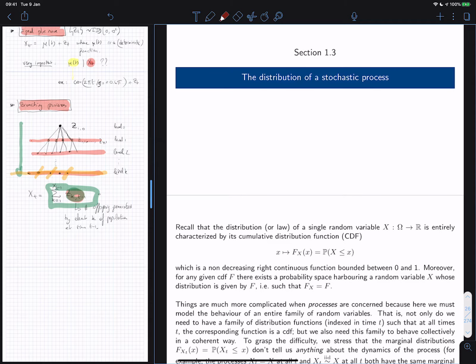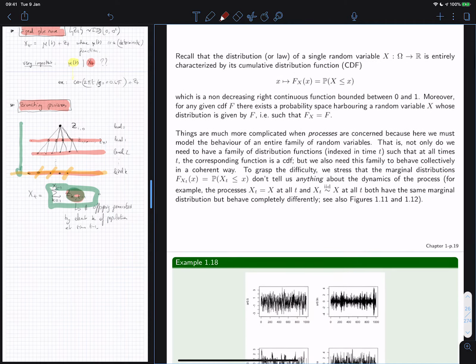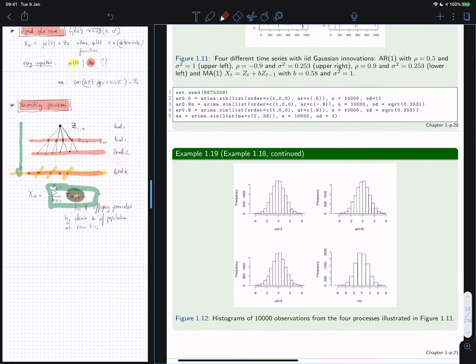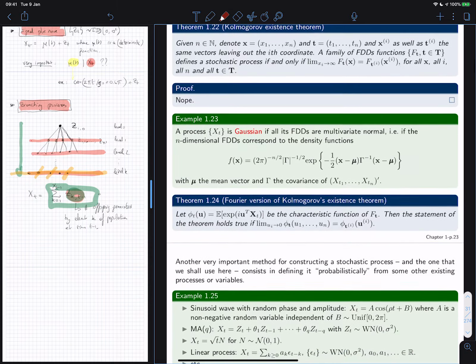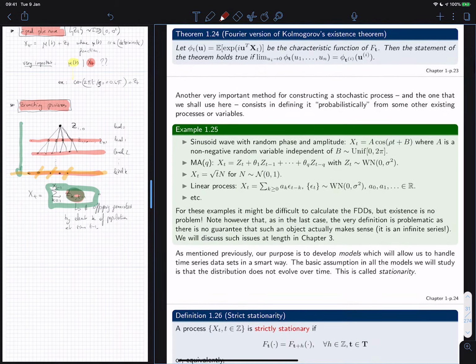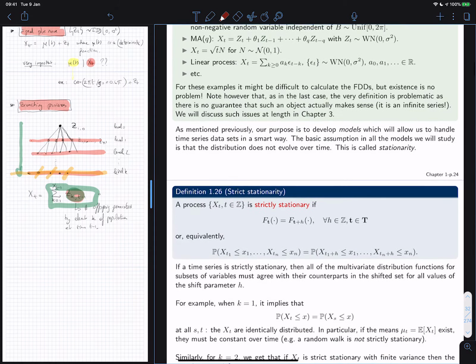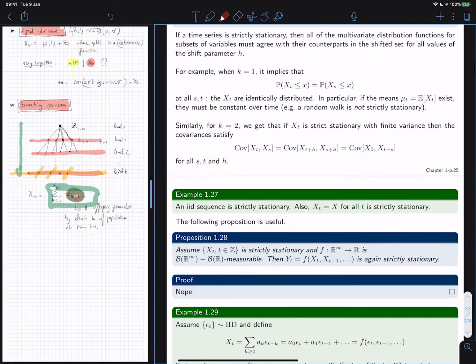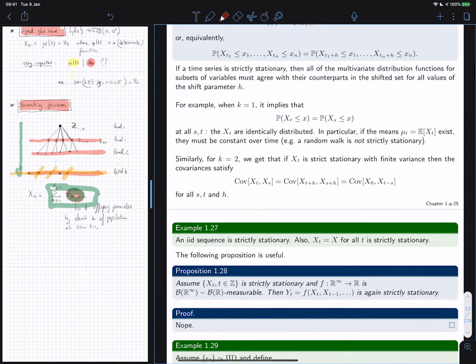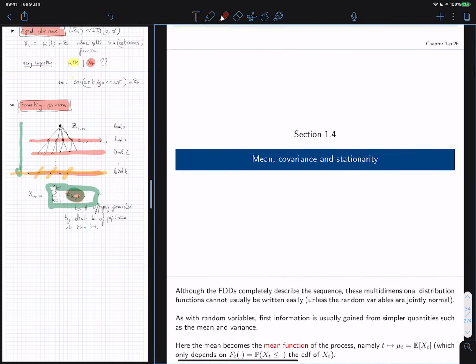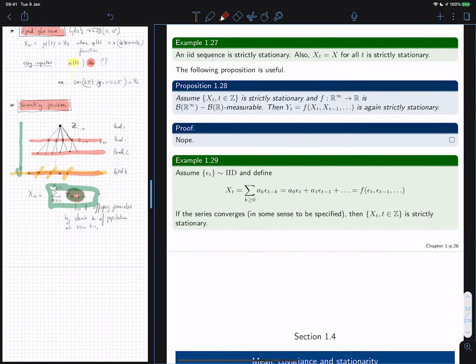Before going into the specifics of time series, let's do some rather general theory. You won't be needing this, at least not really, because we'll be dispensing with it. But I think we'll stop with that for today because it's already 5:13.